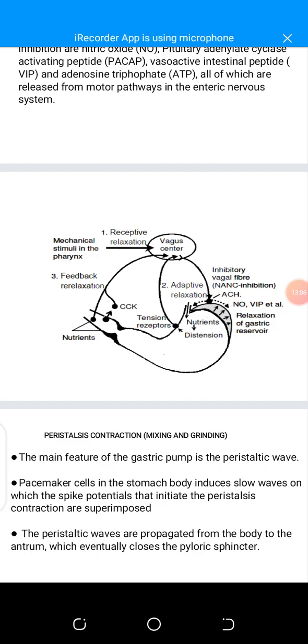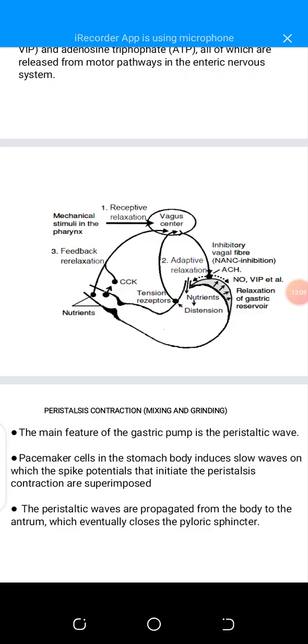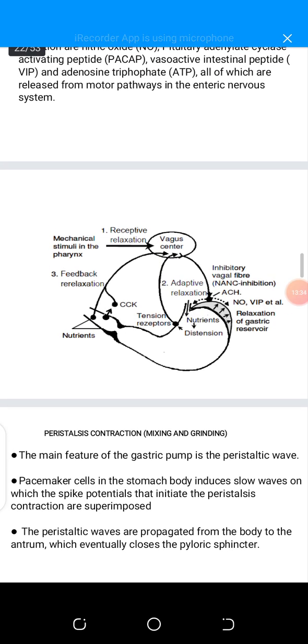That's the inhibitory vagal nerves, and these inhibitory vagal nerves secrete substances like NO and VIP, just to mention a few. These mediators cause the receptive relaxation of the stomach ahead of the food presently undergoing chewing and swallowing.